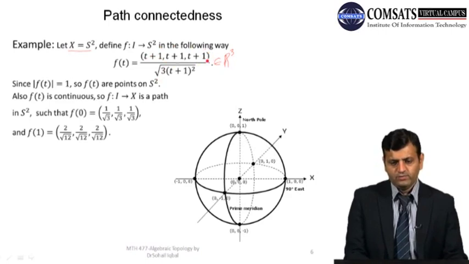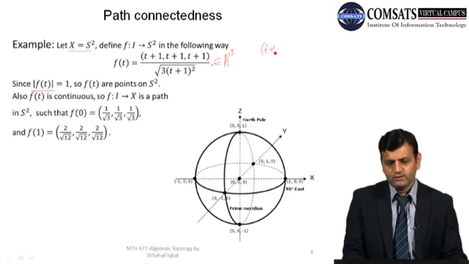Basically, dividing this point by its norm will give me a point of R3 whose magnitude is 1. So in this case, the norm of f of t is equal to 1. What is the norm of this vector? It is the square root of (t plus 1) squared plus (t plus 1) squared plus (t plus 1) squared. So this is the norm, or the length, of this.